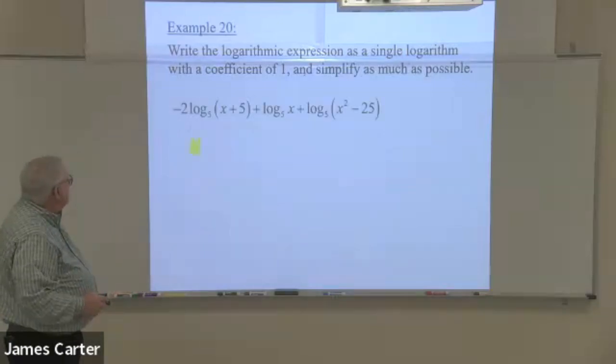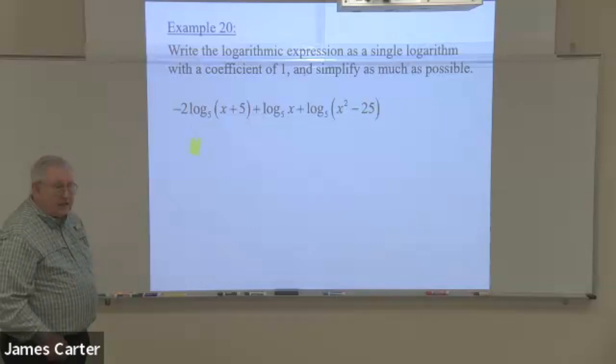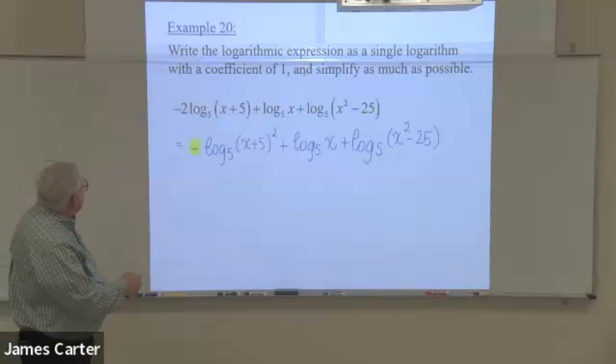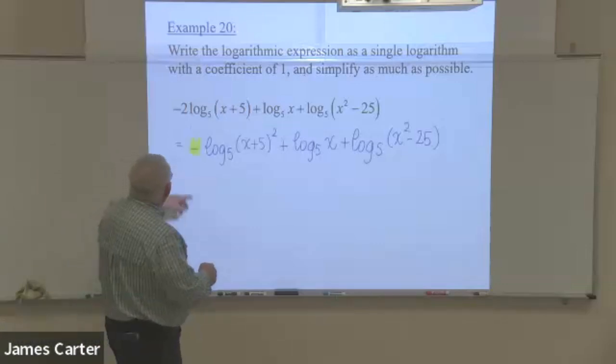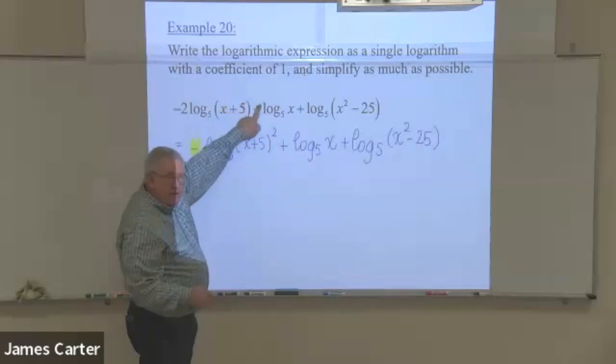Okay, this one, we got this that's going to have to be repowered behind that parentheses. And actually, that can be broken down into x minus 5, x plus 5. So here we've got this. All we've done so far is we put the 2 back here on the parentheses.